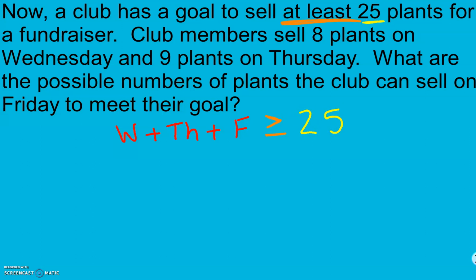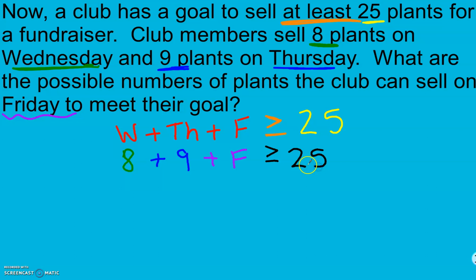Here we know on Wednesday they sold 8 plants. They sold 9 plants on Thursday. And we are looking for Friday. We can combine like terms. 9 plus 8 gives me 17 plus f is greater than or equal to 25.